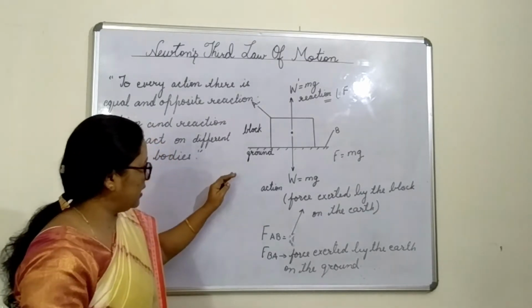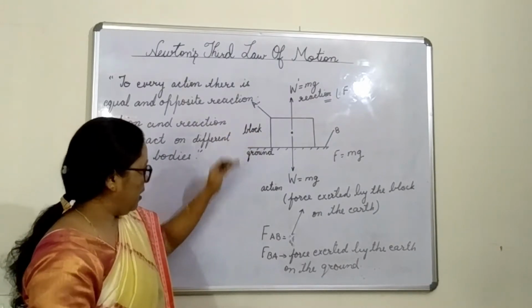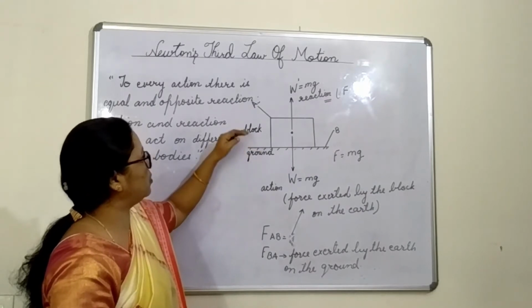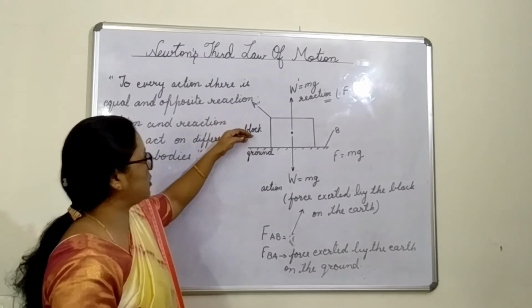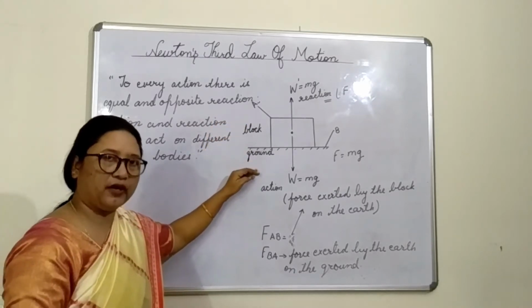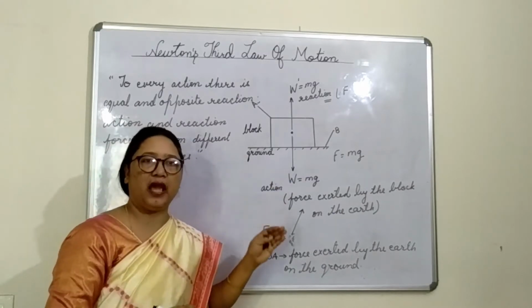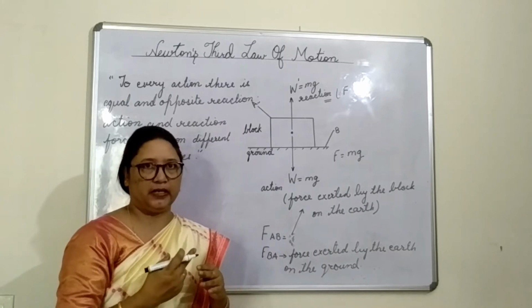Here, in this case, block and ground are the two bodies. So the force exerted by the ground on the block is the reaction, and force exerted by block on the ground is the action. So here the action and reaction are acting on two different bodies simultaneously.